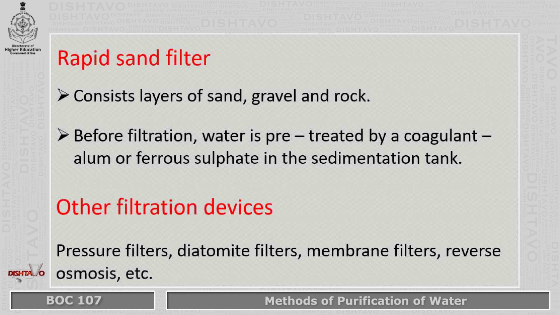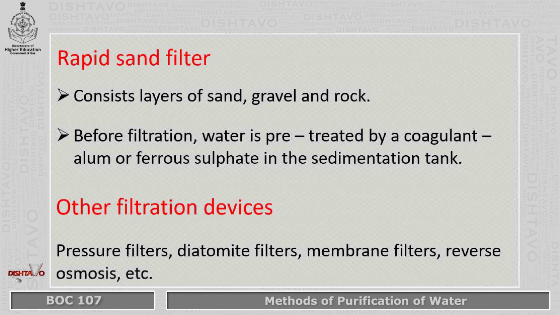The other type of filter is a rapid sand filter. It is similar in construction to the slow sand filter, and it consists of layers of sand, gravel and rock. Before filtration, however, the water has to be pre-treated by coagulants such as alum or ferrous sulfate in the sedimentation tank.